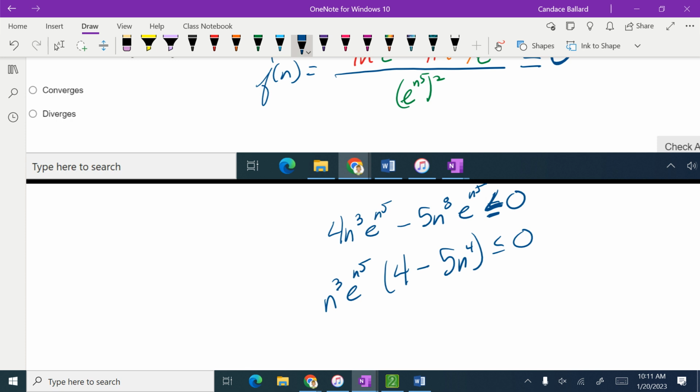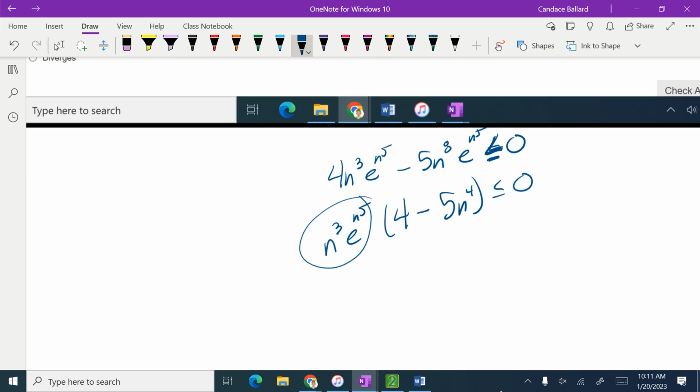Technically, what property do I need to use? Zero product. What are we going to get off of this? Probably going to be 0, right? Technically, we could go all 3 of them separate if we really wanted to. 4 minus 5.